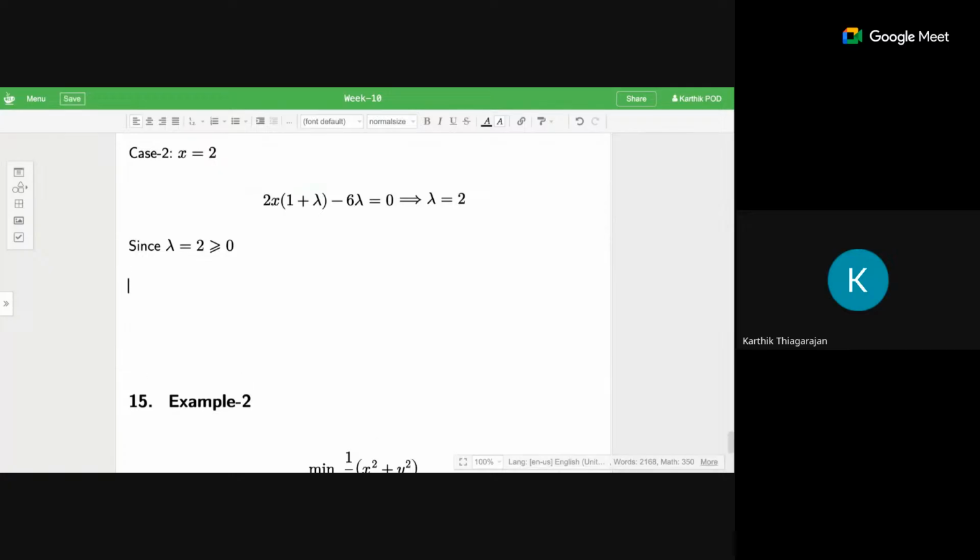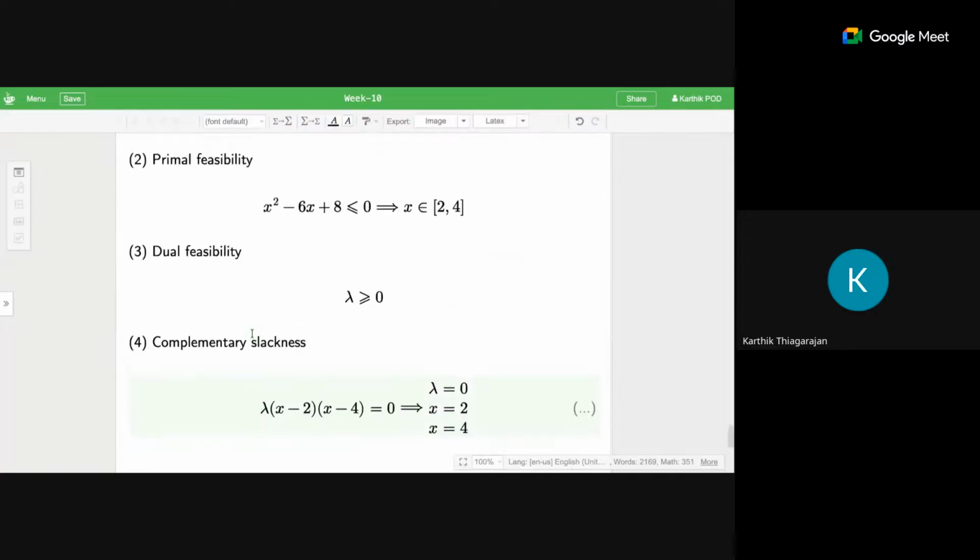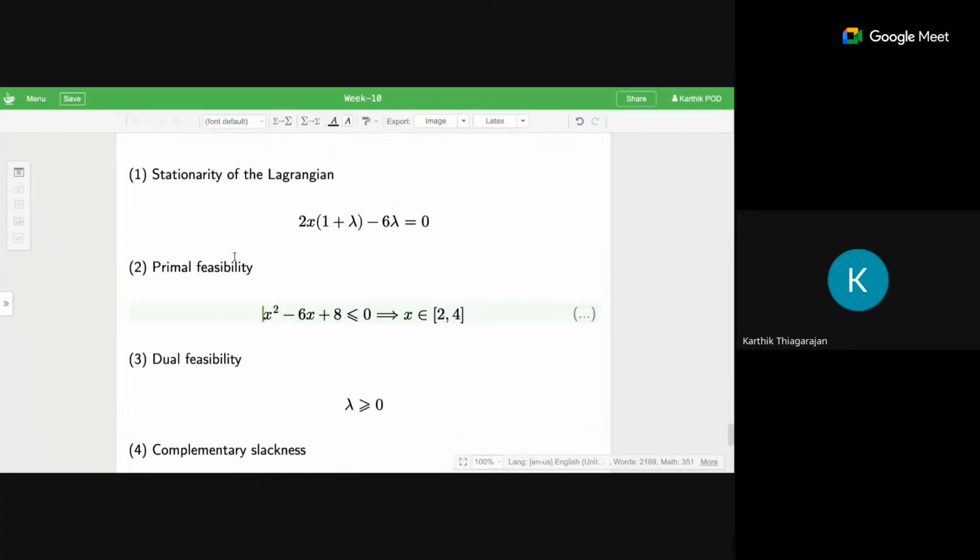So this works. Therefore we can say for sure that x equal to 2, lambda equal to 2 are the primal and the dual optimum. But just for completeness' sake, let's see what x equal to 4 has in store for us, right? So x equal to 4, this is fine, this is fine, this is fine.